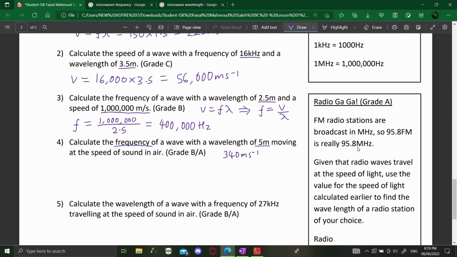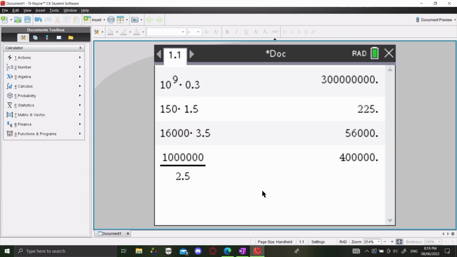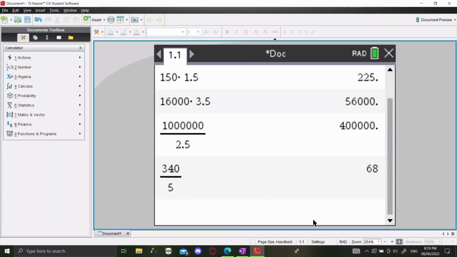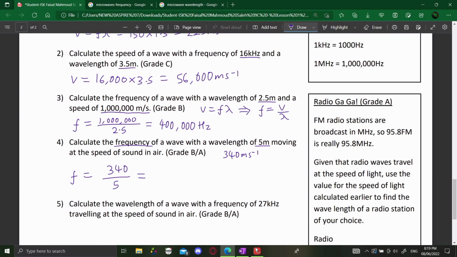So our frequency is going to be 340 divided by the wavelength, which is 5 meters. So that's about 68 hertz.